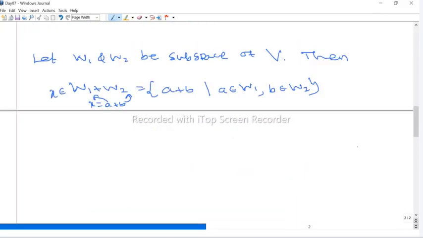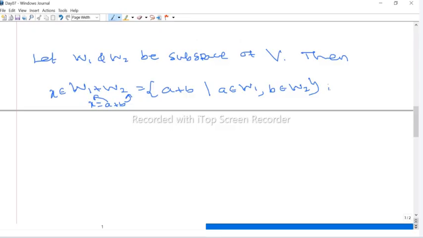Now, if W1 and W2 are subspaces, then W1 plus W2 is also a subspace. We can easily prove it. Since W1 is a subspace, 0 is in it, and W2 is also a subspace, so 0 is also in it. Therefore 0 plus 0, which is 0, is also in the set.